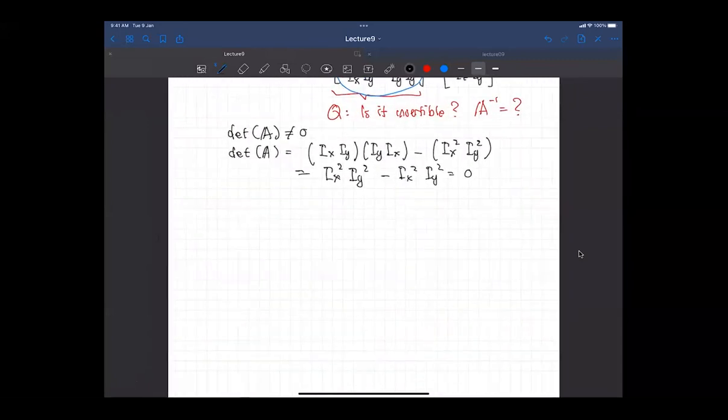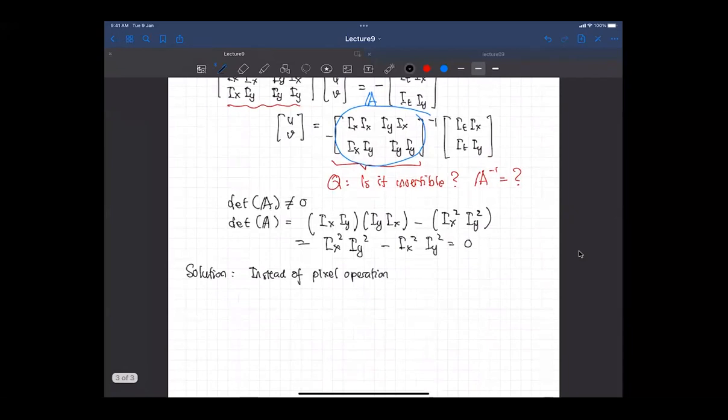The solution proposed by Lucas and Kanade is that instead of pixel operation, which is what I explained to you, a local pixel operation, we use patch space operation. So use patch, basically.